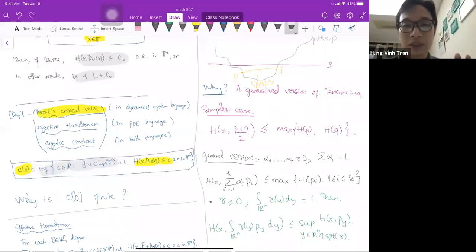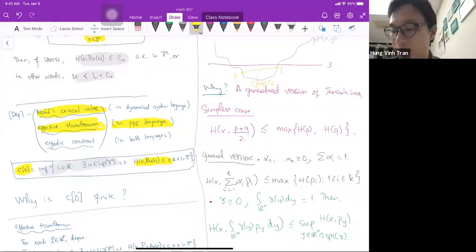And you denote it by C of 0, and in dynamics it is said to be the Mañé critical value. In the PDE language, it was defined by Lions, Papanicolaou, and Varadhan. Lions is Pierre-Louis Lions, Papanicolaou is George Papanicolaou at Stanford, and Varadhan is Varadhan at Courant.